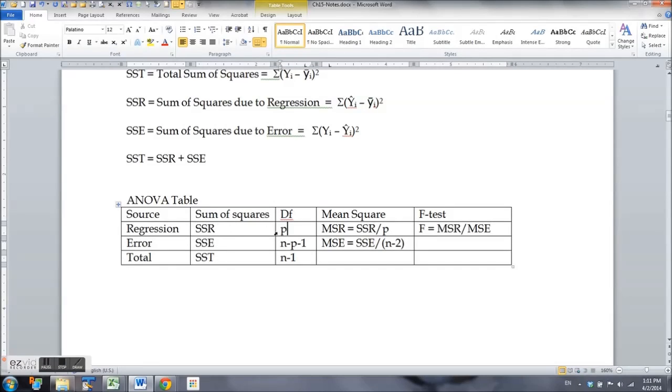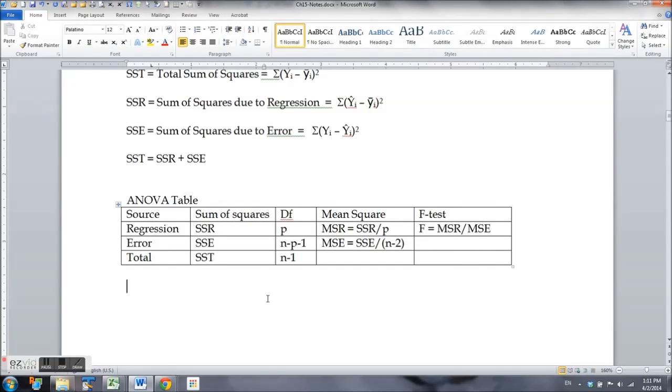For SSR it is the number of independent variables, the number of x's, which is p, and therefore our degrees of freedom for sum of squares of error would be n minus p minus 1. The rest of the ANOVA table is the same as before.